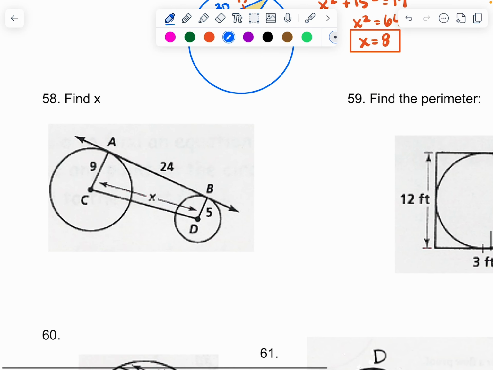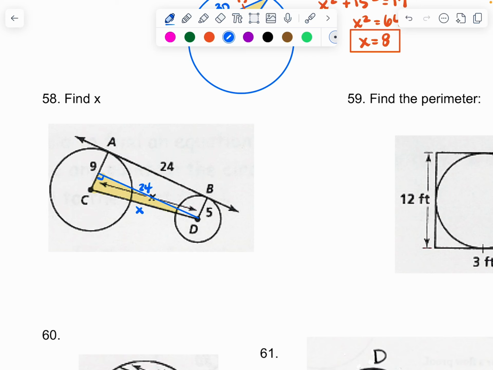All right, number 58. This one we've talked about numerous times. This is a trapezoid, but we can't really solve it as a trapezoid, so we need to split it up into a rectangle on top of a right triangle. And so here's our right triangle. We know that this leg is 24. The x is the hypotenuse.